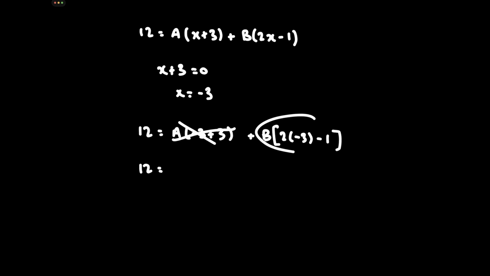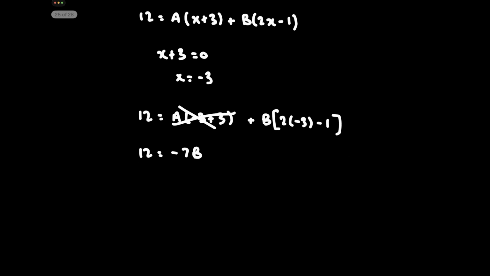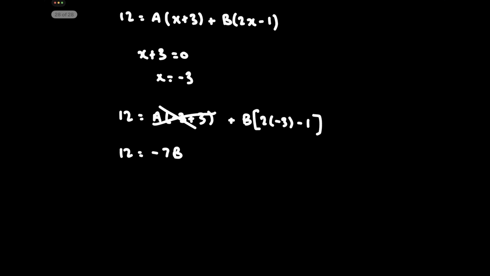And this term here, I can see that 2 times minus 3 is minus 6. Minus 1 is equal to minus 7. So that means minus 7 times b. And if I solve for b, I can say that b is equal to minus 12 on 7.